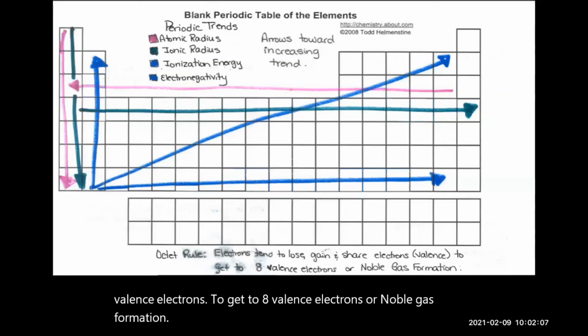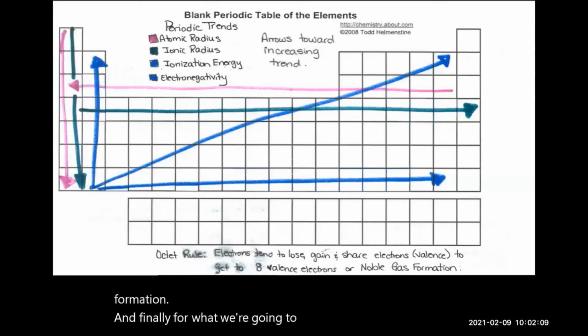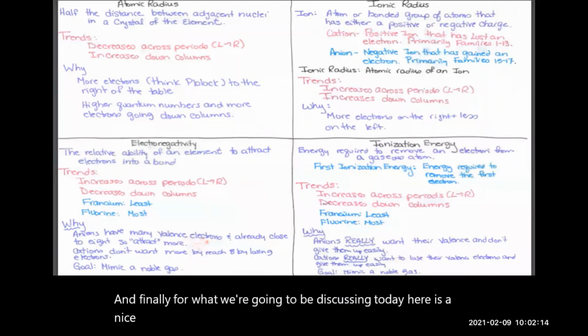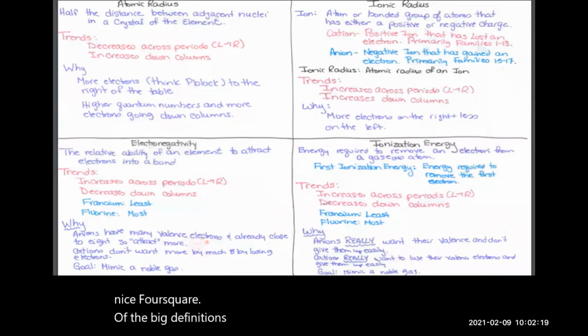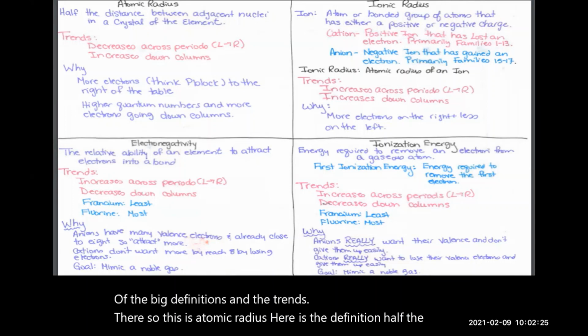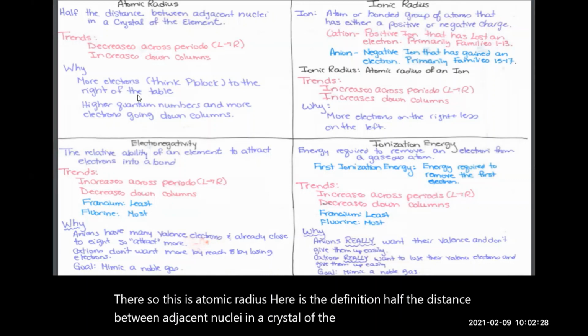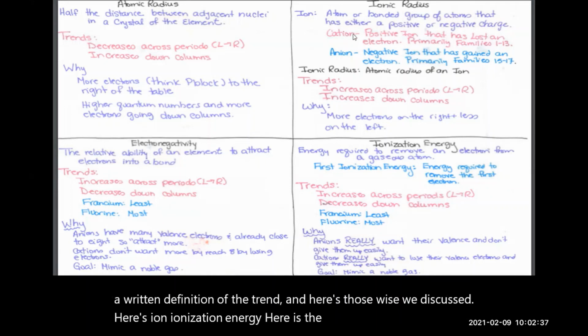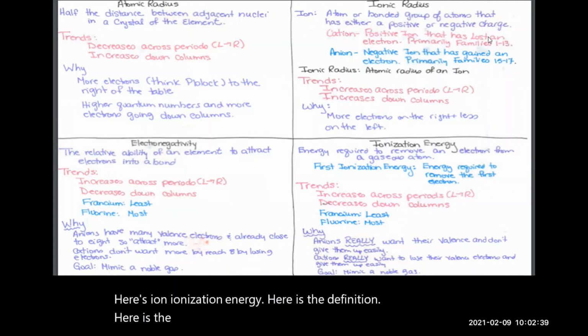And finally, for what we're going to be discussing today, here is a nice four square of the big definitions and the trends. So this is atomic radius. Here's the definition, half the distance between adjacent nuclei in a crystal of the element. Here is a written definition of the trend, and here are those whys we discussed. Here's ionization energy. Here's the definition. Here's the cation information.